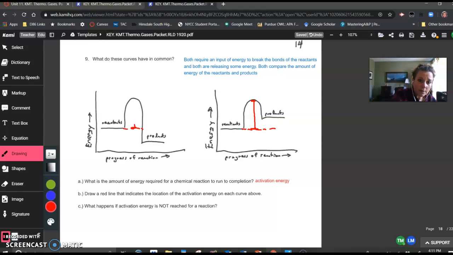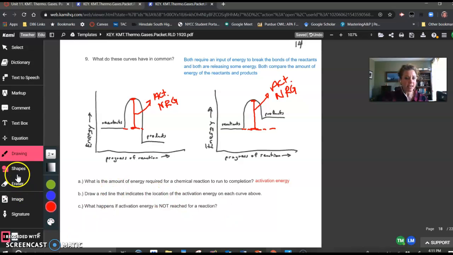So from the level of the reactants up to the top of the curve, this is activation energy, and NRG is just standing for energy, like if you sounded it out, all the letters, energy. So this is activation energy.